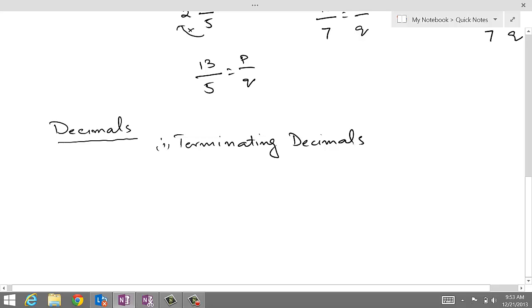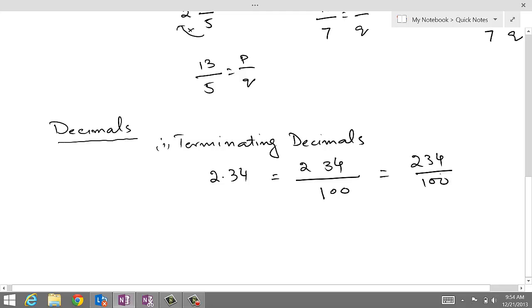Terminating decimals are those which terminate after a fixed number of digits, like 2.34. If we want to convert it into a fraction, we know how we do it. This will be 2, 3, 4, and instead of the decimal point, we write down 1, and there are 2 digits after the decimal, so we place 2 zeros. So the answer is 234 over 100, and there we go.